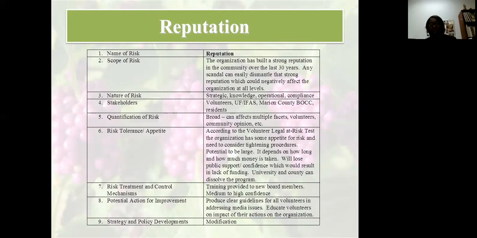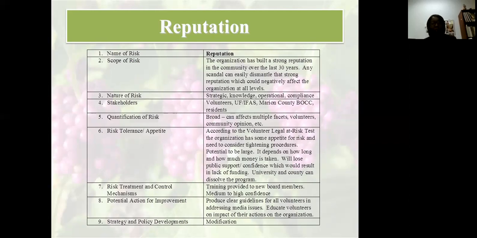And so it's important that we work to keep our reputation strong within the community. So when you look at risk appetite, we will lose public support and confidence, and we would even lose funding.